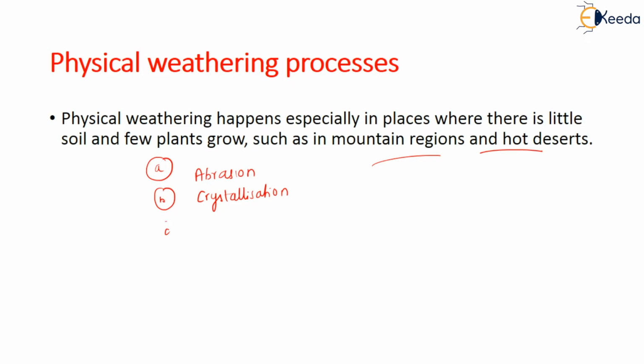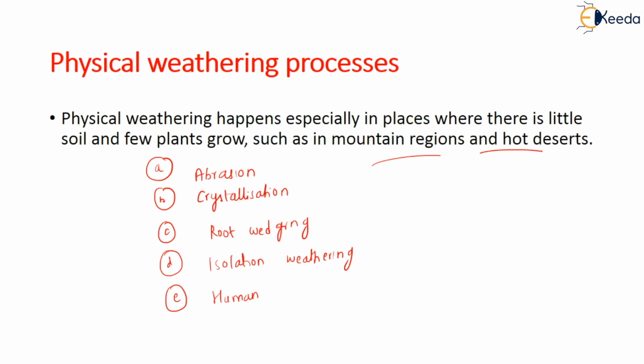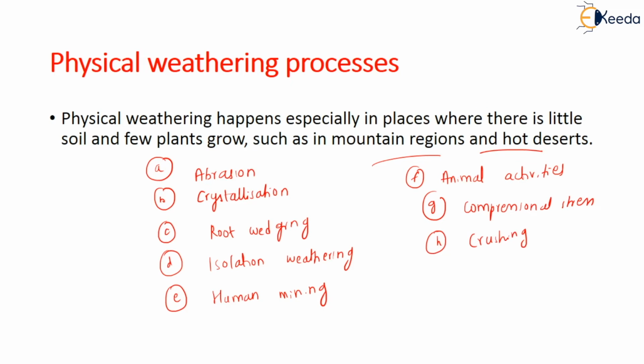Root wedging, insolation weathering, human mining. Human mining also is one of the reasons of physical weathering. Animal activities, compressional stress, crushing waves, and tensional stress.